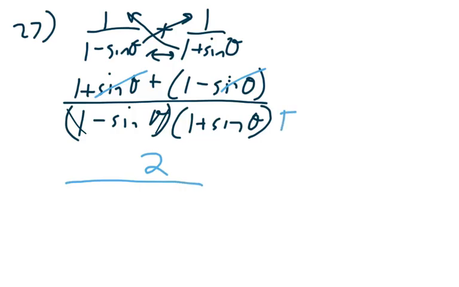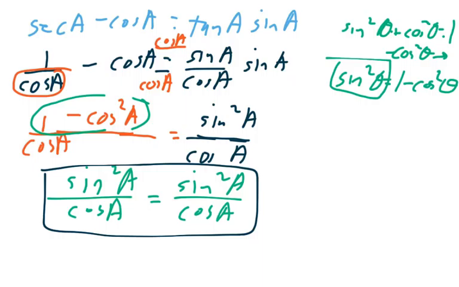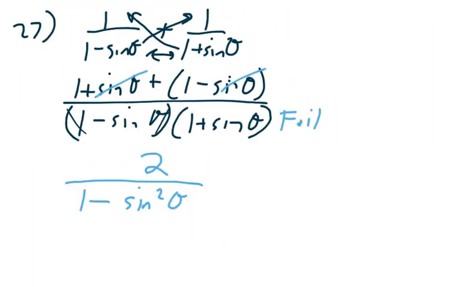On the bottom, if we FOIL, or distribute twice, the middle terms are going to cancel out, so we get 1 minus sine squared theta. Now if we go back to this problem, where we had sine squared equals 1 minus cosine squared, we could also have done this the opposite way and figured out that cosine squared is equal to 1 minus sine squared theta, if I would have subtracted sine squared instead of cosine squared.